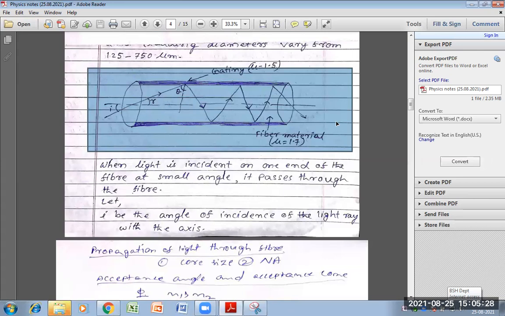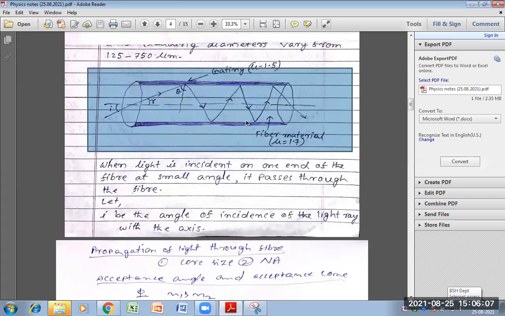So in this way, the ray undergoes repeated total internal reflections until it emerges out of the other end of the fiber, even if the fiber is bent. So the light ray is guided through the fiber from one end to the other end without energy being lost due to reflection. So the bundles of optical fibers can be used for optical signal transmission. It can also be used for transmission and receiving electrical signals.